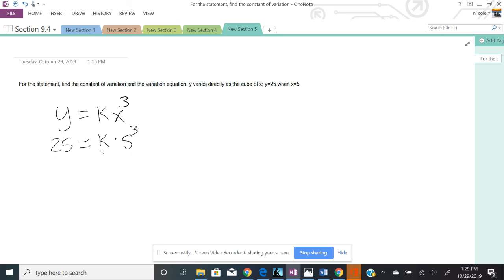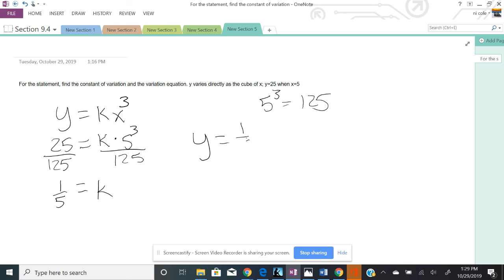I'm going to divide by 125 because 5 cubed is 125, and I'm going to come up with 1/5 is equal to k. So my equation is y is equal to 1/5 x cubed.